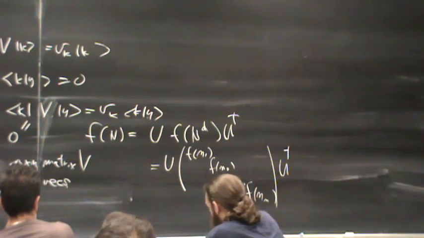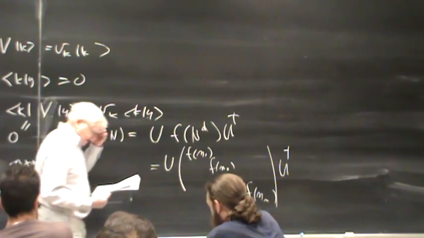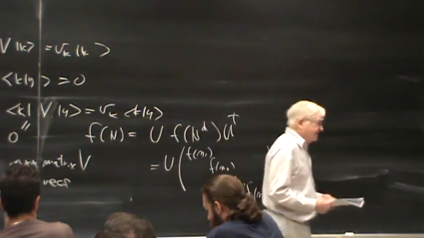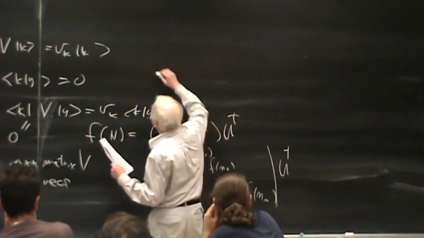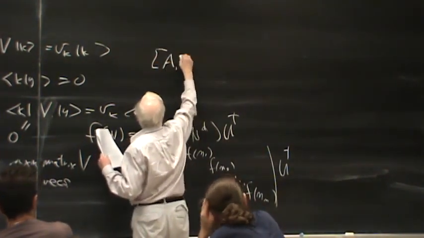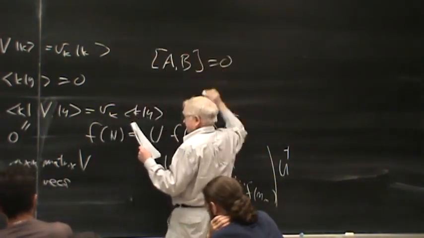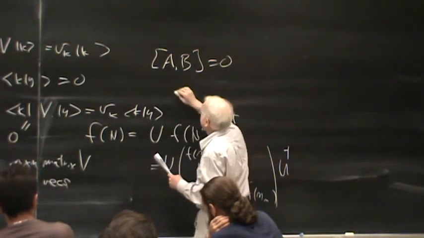Okay, compatible normal matrices. Let's just say a few words about these. Two normal matrices, A and B, that commute are said to be compatible.